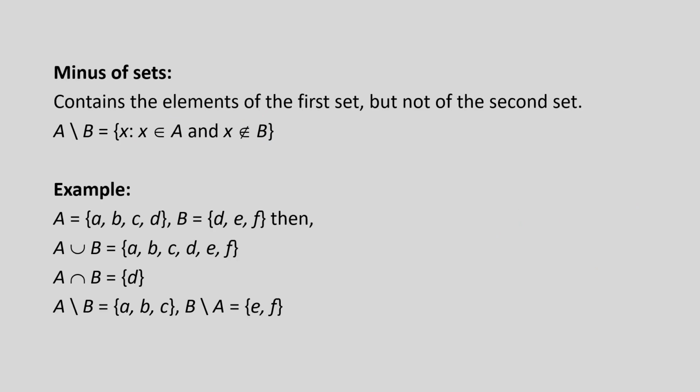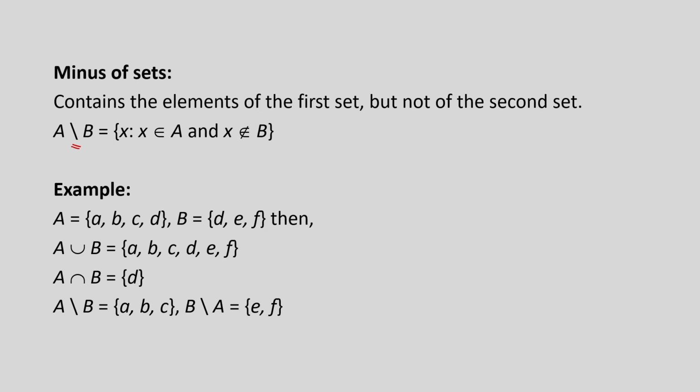Minus of sets contains the elements of the first set, but not of the second set. So, here you have A minus B. Sometimes it is written as just the minus sign of arithmetic.